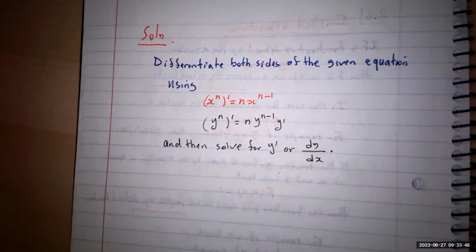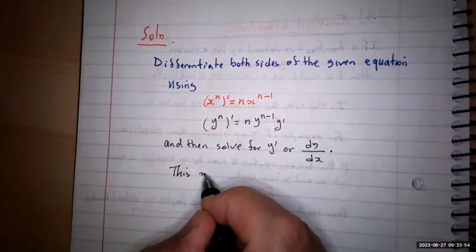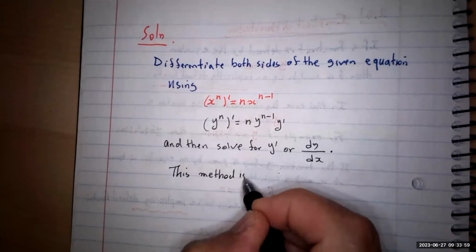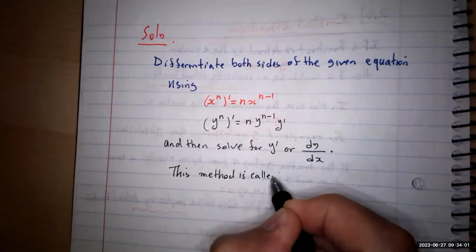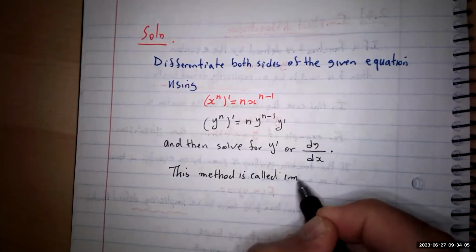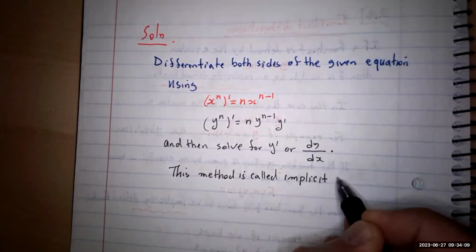This method is going to be called implicit differentiation. Okay, so this method is called the method of implicit differentiation.